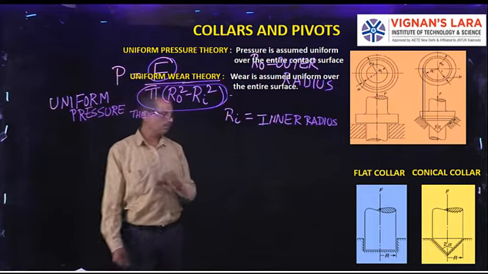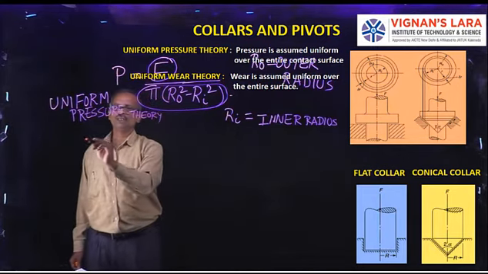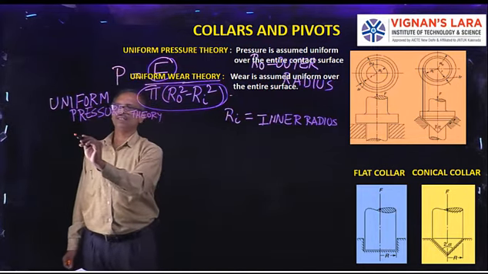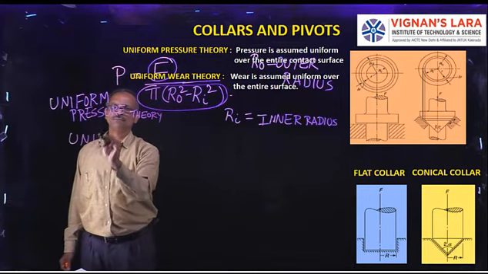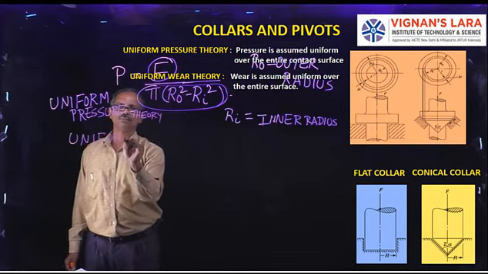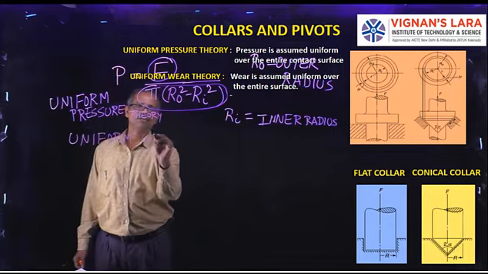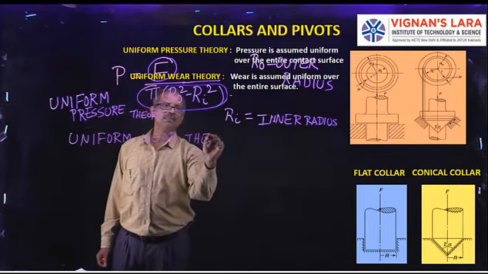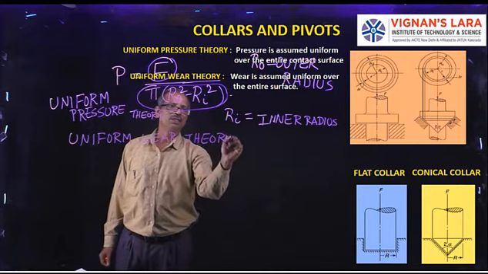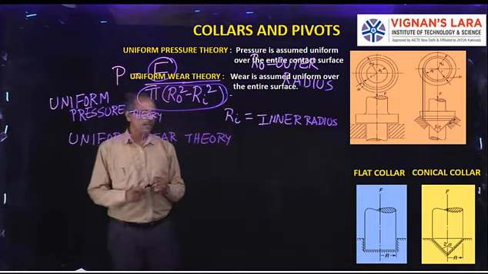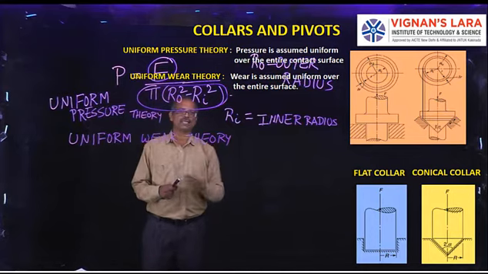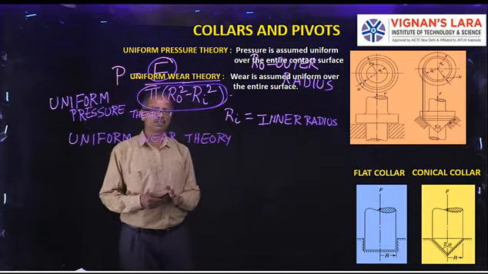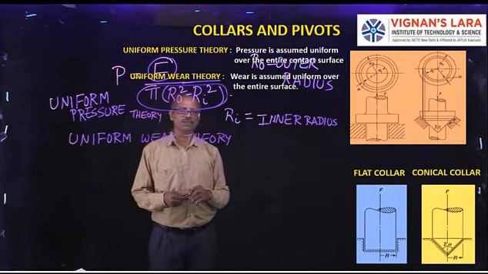Then let us come to the other theory, which is called uniform wear theory. What is the significance of this uniform wear theory? As we stated in the previous case, that is in the case of uniform pressure theory, we assumed the pressure is uniform.